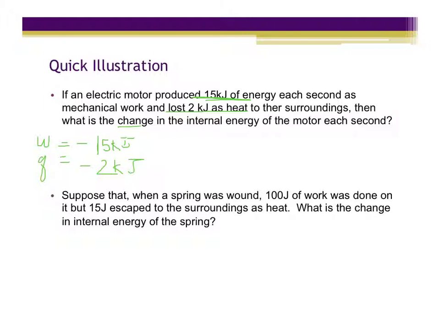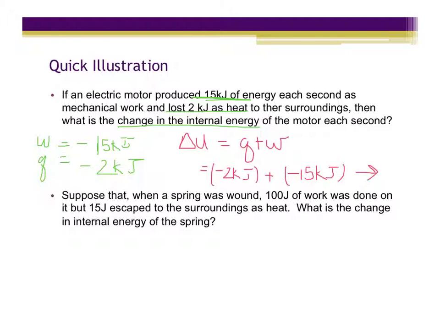So we're trying to find the change in internal energy for this system. Therefore, delta U is equal to Q plus W. And we have Q equal to negative 2 kilojoules plus W, which is equal to negative 15 kilojoules.